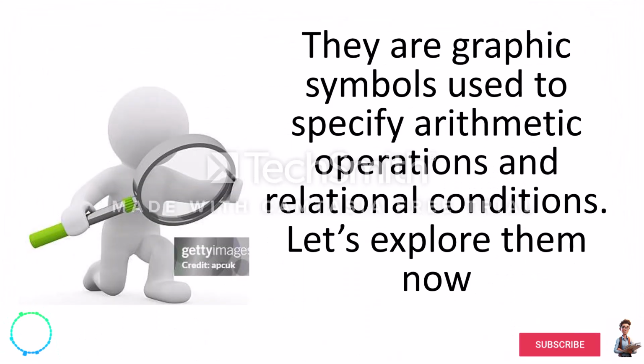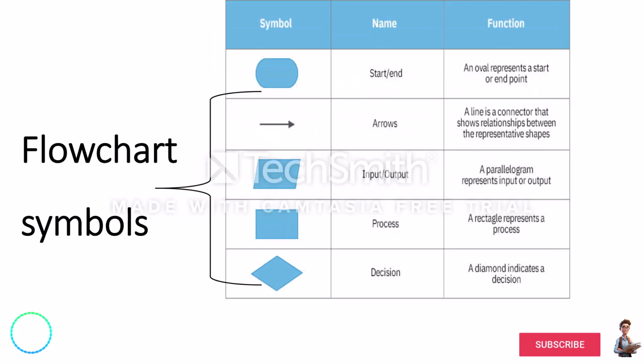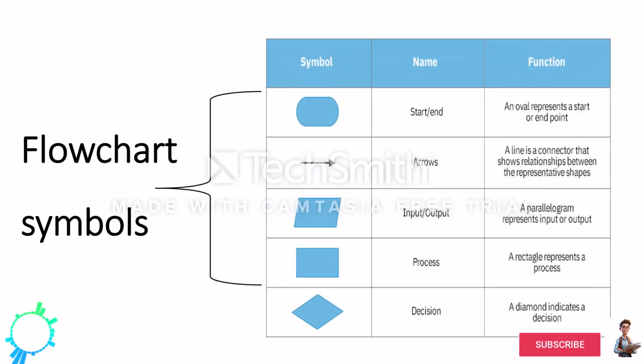Now, there are graphic symbols used to specify arithmetic operations and relation conditions. Let's explore them. Flowchart symbols. Basically, we have these 5 basic symbols in a flowchart. The first one is start or end, which is in an oval shape.